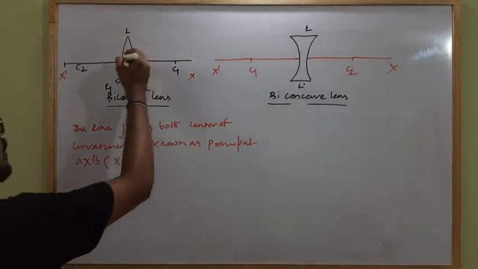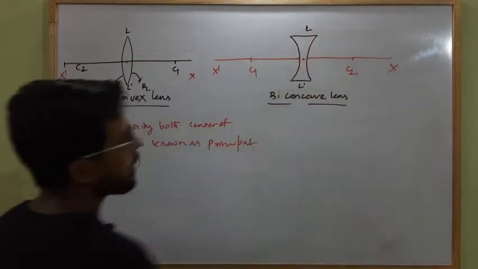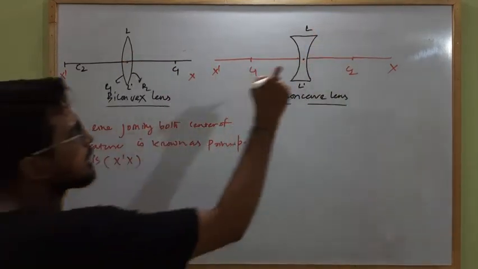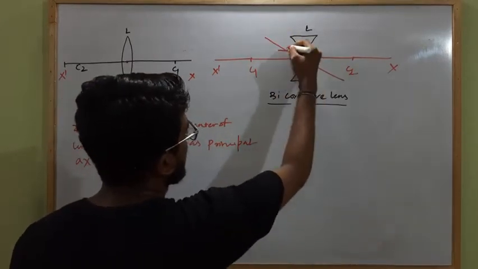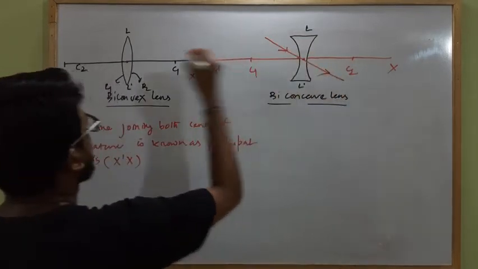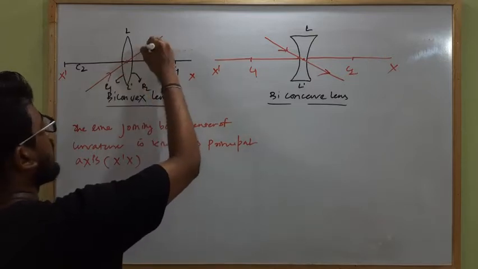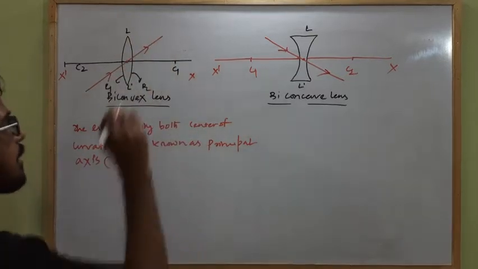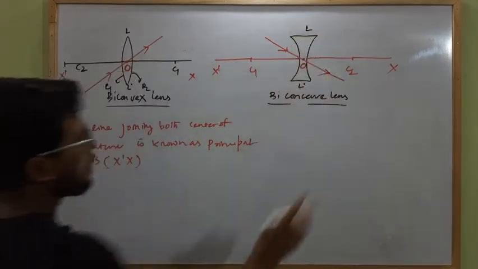Clear? And there is a point in each lens. Okay, any incident ray passing through that point goes undeviated. If this is the incident ray and this is passing through this point, it goes undeviated after refraction. In each lens there is a single point. Any incident ray passing through that point goes undeviated, and that is known as O or optical center.